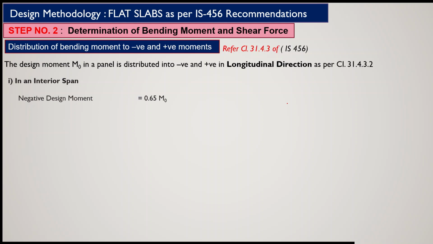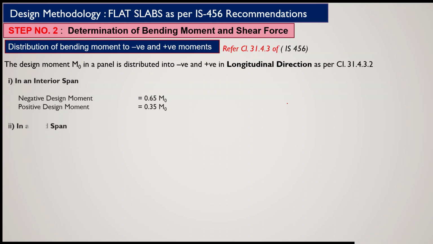That means the total design moment was M0 and we will be taking 65% of it as negative design moment if you are designing an interior span, and 35% of the design moment will be positive design moment.